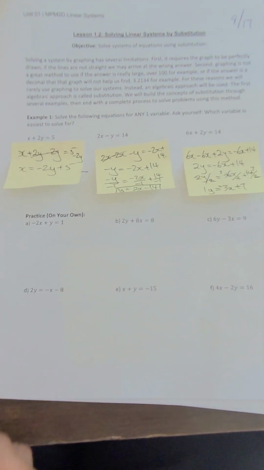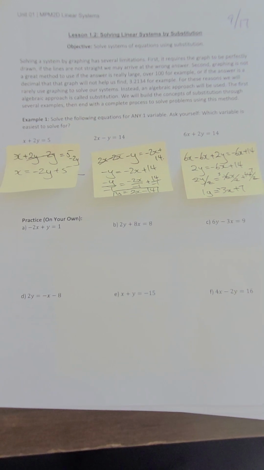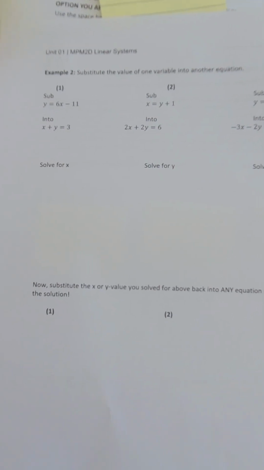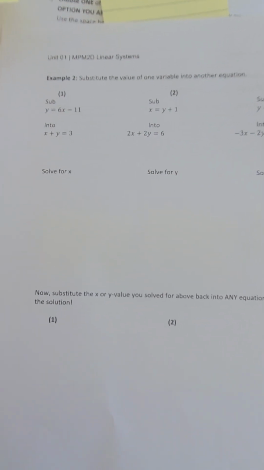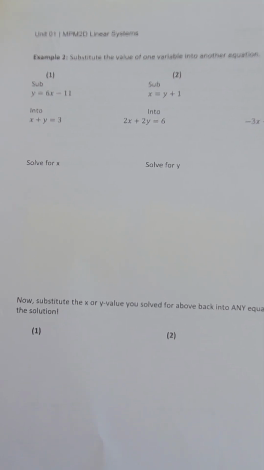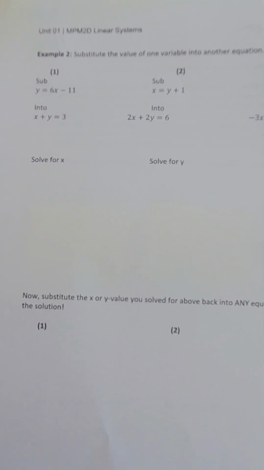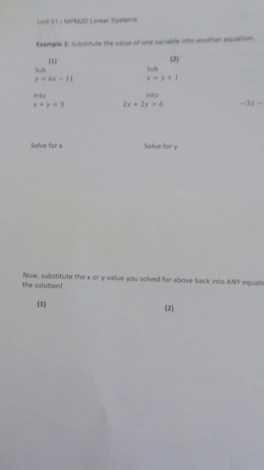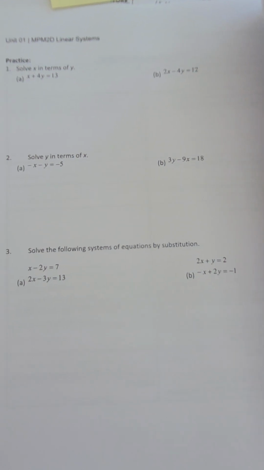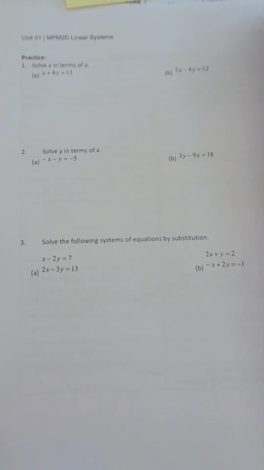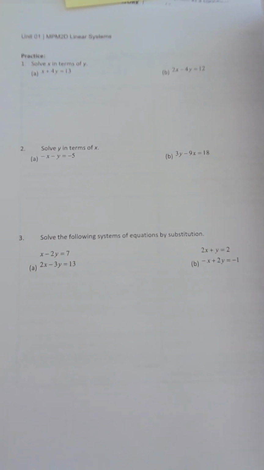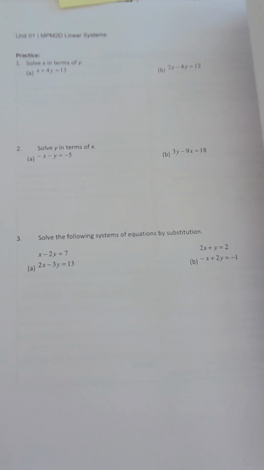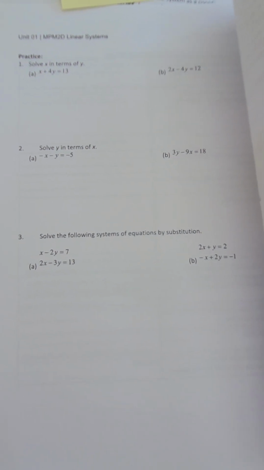Now, another thing that I would ask you to do after watching this video is to do the following page. The following page here is actually showing how to solve these systems of equations. Now, if you look on the back page here, they just give you a pair of equations and you need to be the one picking which one to solve for first and then second.